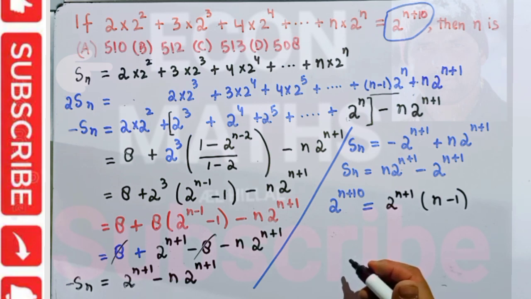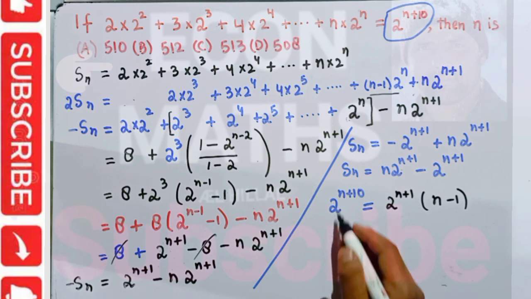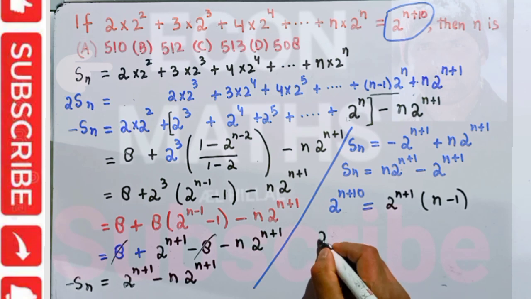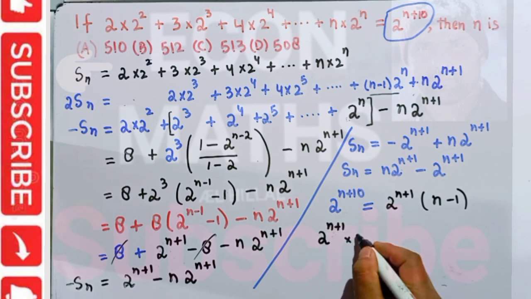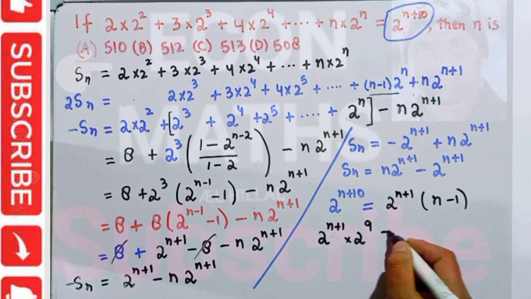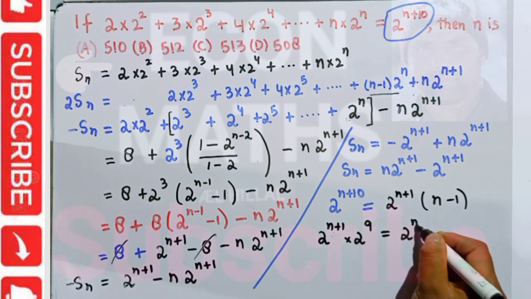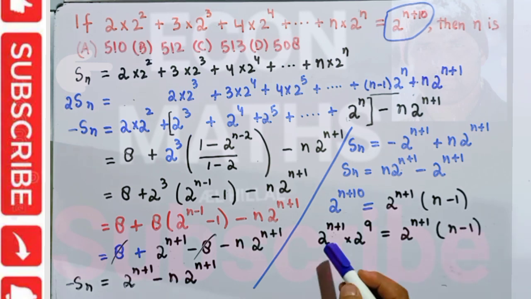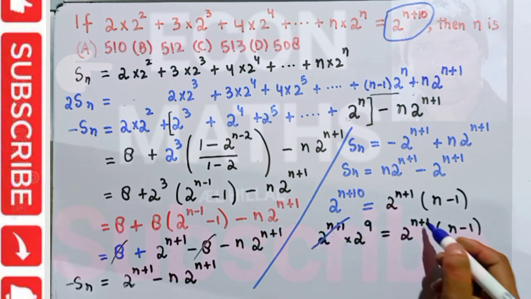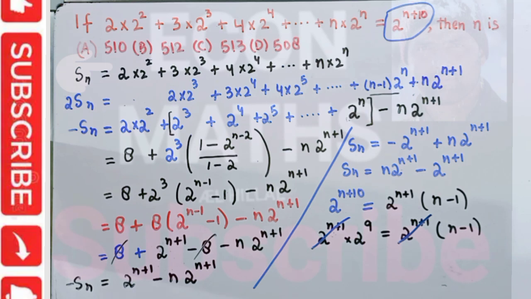Or we can do one thing here, if I rearrange this, so we have 2 raised power n plus 1 into 2 raised power 9 is equal to 2 raised power n plus 1, then we have n minus 1 here. Okay, so this 2 raised power n plus 1, 2 raised power n plus 1 gets cancelled. That means n minus 1 is equal to 2 raised power 9.